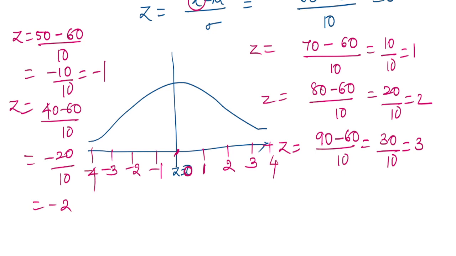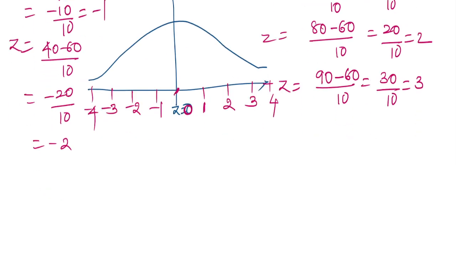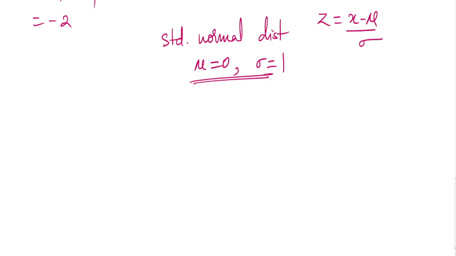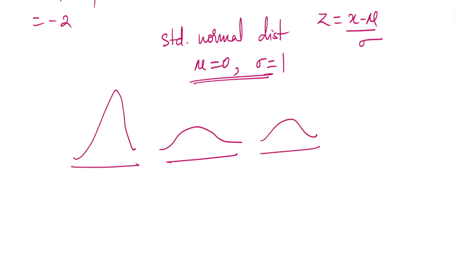Now whatever may be the distribution, whatever may be the shape of the distribution, after using the z score, that is z is equal to x minus mu upon sigma, it will be converted to standard normal distribution with mean mu equal to 0 and sigma equal to 1 always. So the distribution may be highly peaked, the distribution may have a plateau, or it is normal.